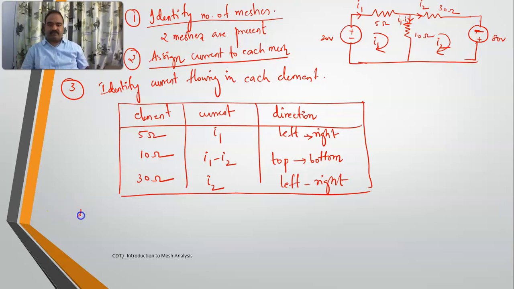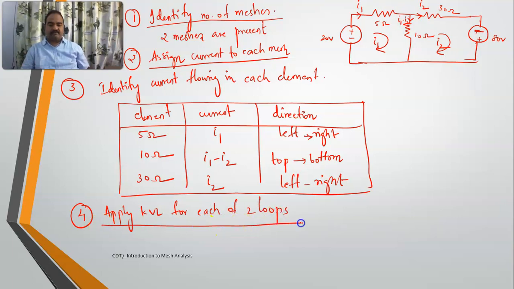So the next thing, what I will do is apply KVL for each of the loops. How many loops are there? 2 loops are there. For each of the loops, I'll apply KVL. We have done this one in our class, right? So I'll start with loop number 1.